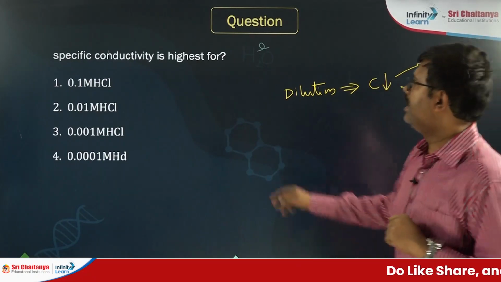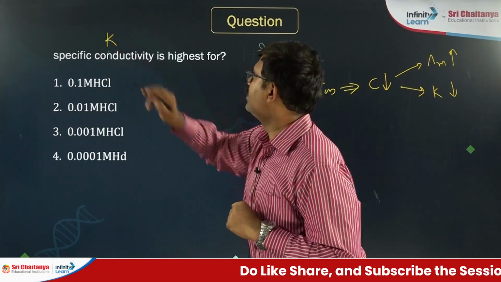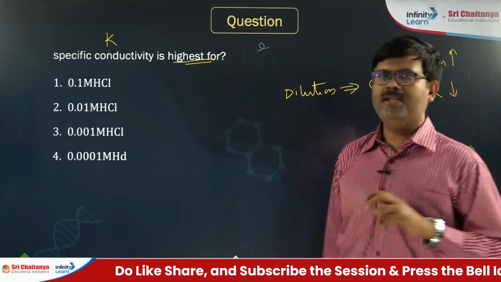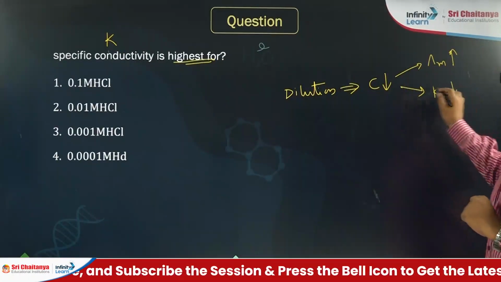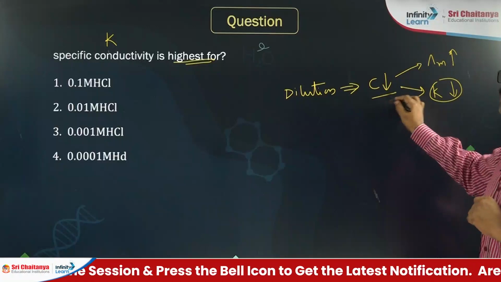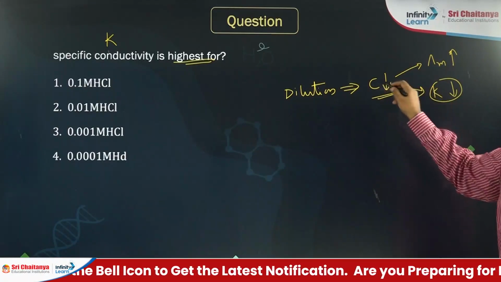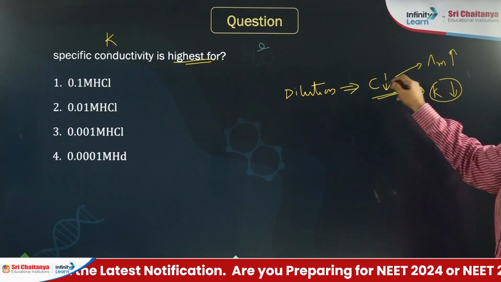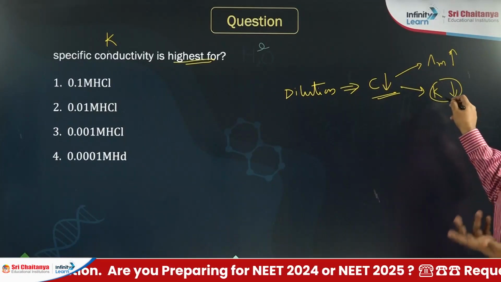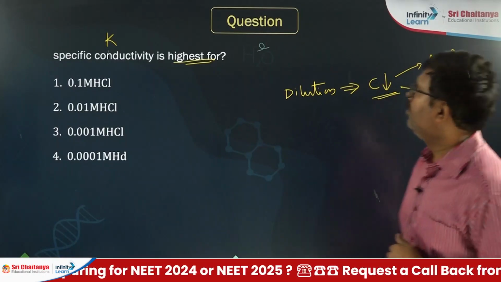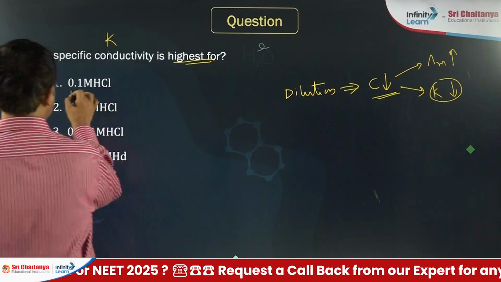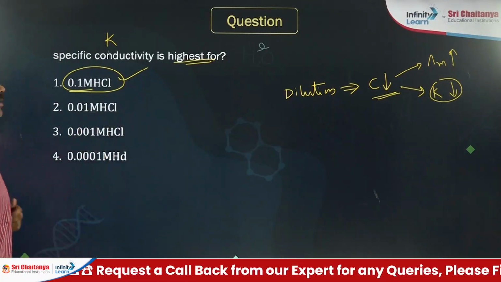So here they are saying specific conductance, that means K, is highest for which one? K and concentration are proportional. If concentration is more, then K will be more. So we need highest K, that means highest concentration is the answer for this.